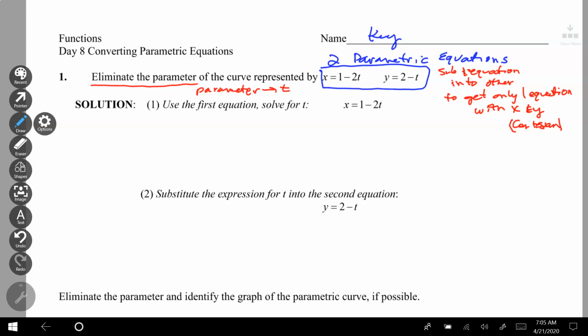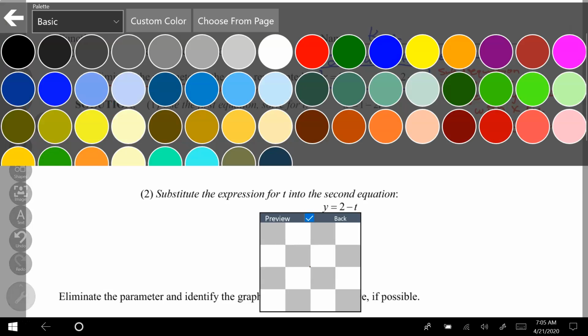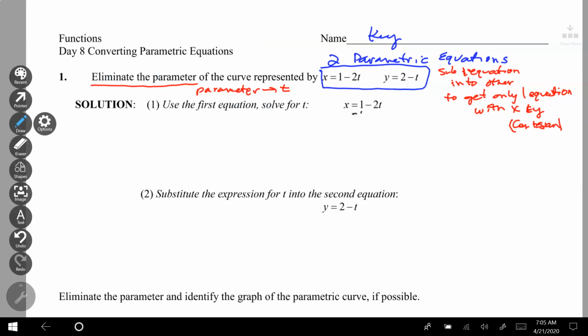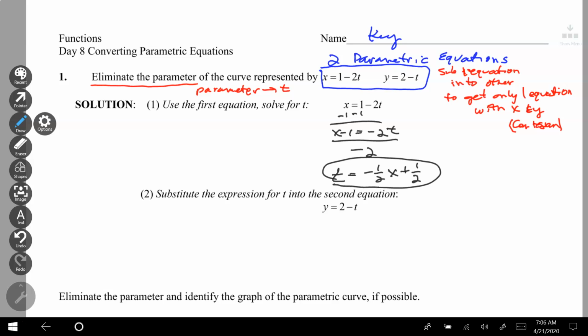So what do I need to do? I need to solve one equation for the letter t. I divide by -2. I get t equals -1/2 x plus 1/2. Once I have this, I could put this in for the letter t.